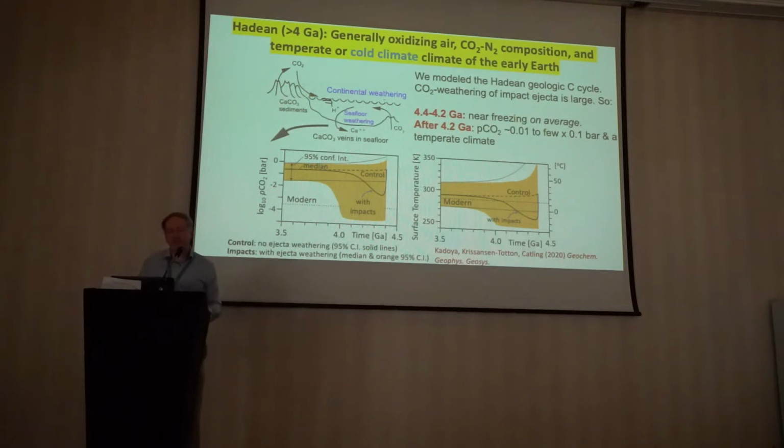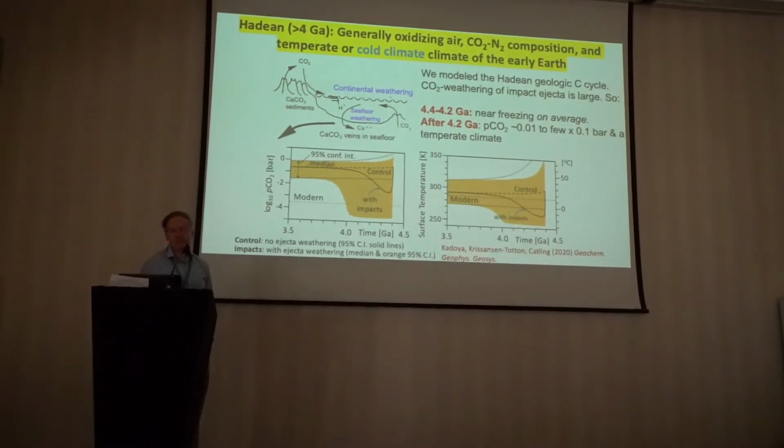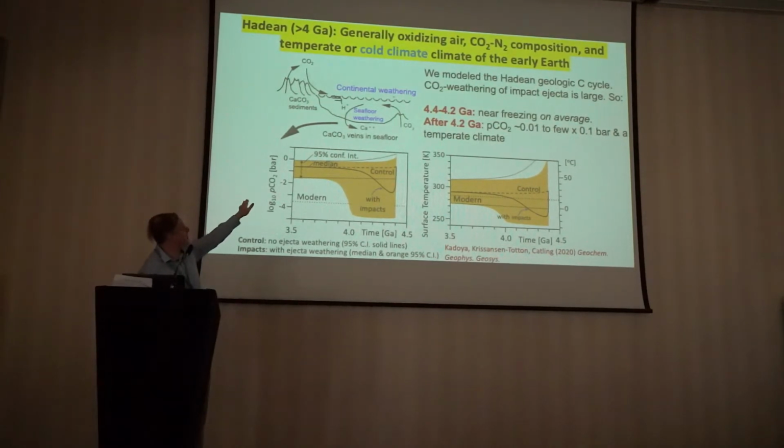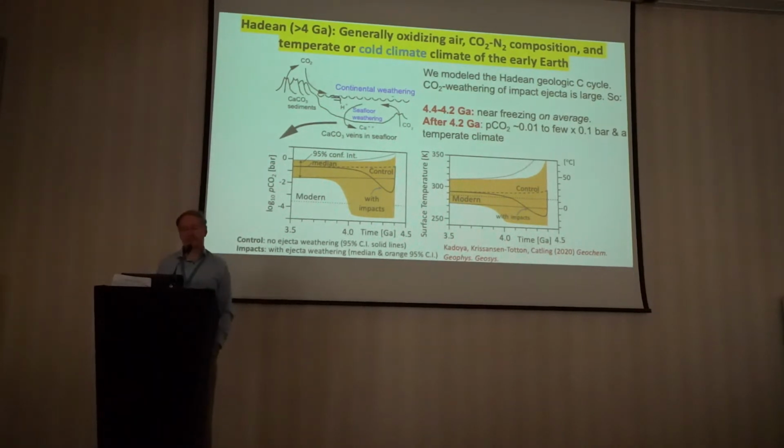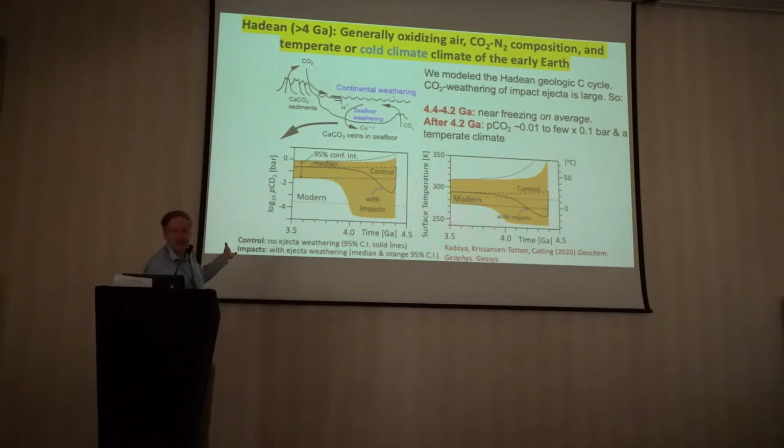That reacts with silicate rocks, releases cations, and in the cycle, the carbon dioxide can be removed in this weathering cycle and put into limestone, or if you weather the seafloor and release calcium, then you get calcium carbonate veins and crystals in the seafloor. And this is actually a thermostat, because if the world is warm, then the weathering happens faster, the hydrological cycle is speeded up, and so the CO2 is removed more efficiently and lowers the temperature. And if it's really cold, then the hydrological cycle has slowed down, CO2 builds up because volcanism is independent of that.